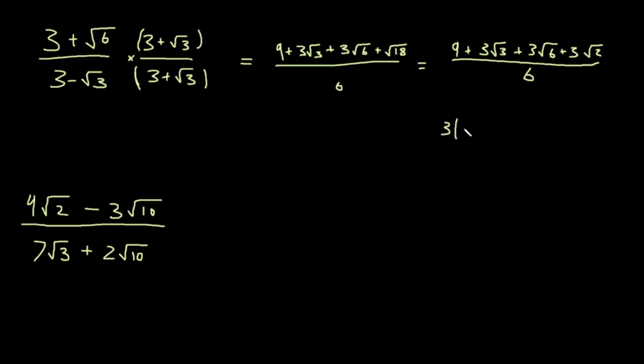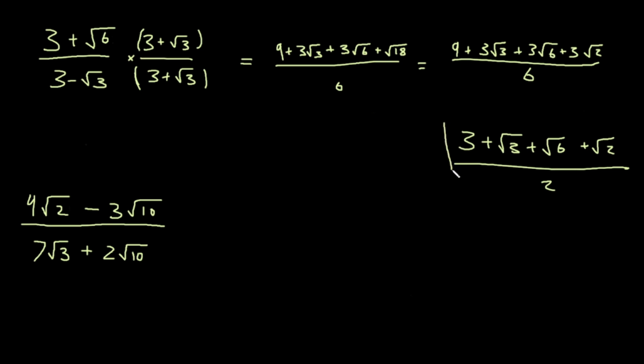So we have 3 times (3 plus root 3 plus root 6 plus root 2) over 3 times 2. And these would cancel off. So we just have a final answer of 3 plus root 3 plus root 6 plus root 2 over 2. And we can't simplify it further, so this is our final answer.